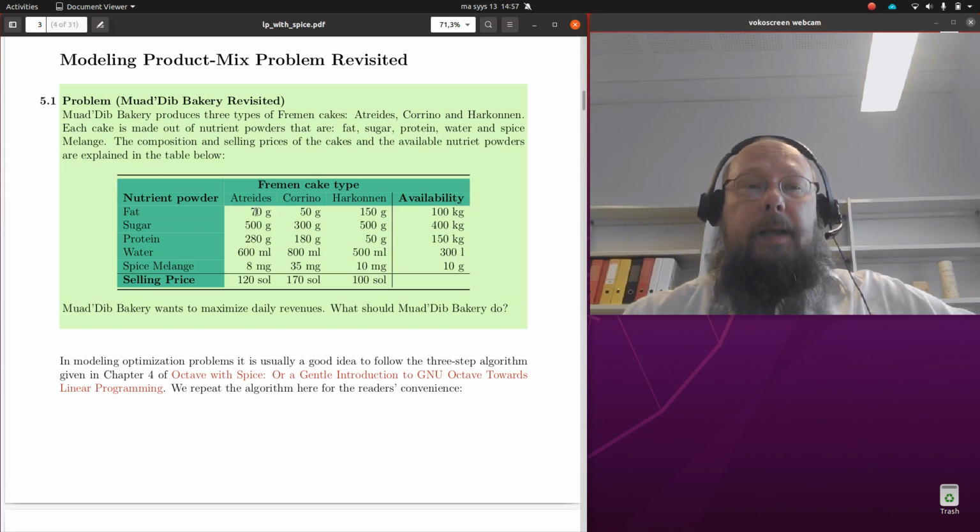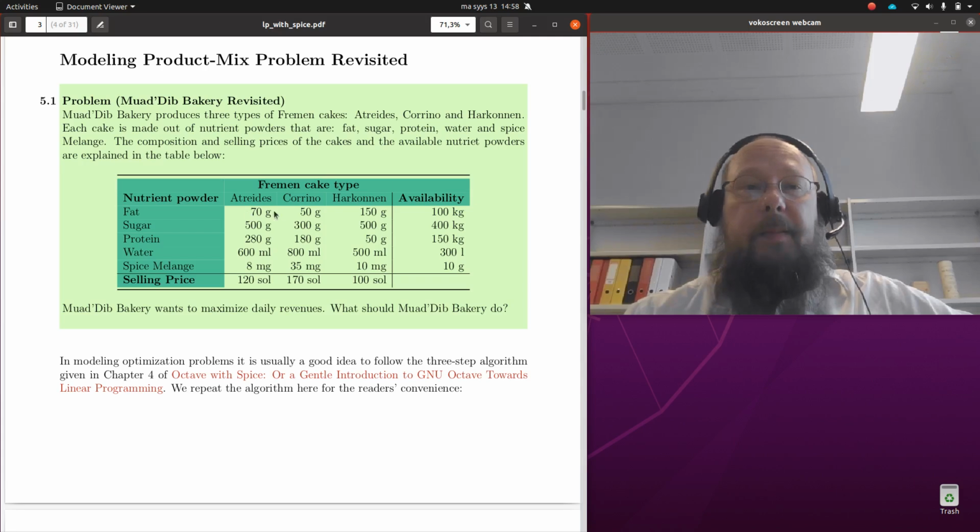Each cake takes 70 grams of fat powder, so x1 times 70 grams is the amount of grams we spend on Atreides cakes. Similarly, for Corrino cakes, it's x2 times 50 grams, and for Harkonnen cakes, it's x3 times 150 grams.